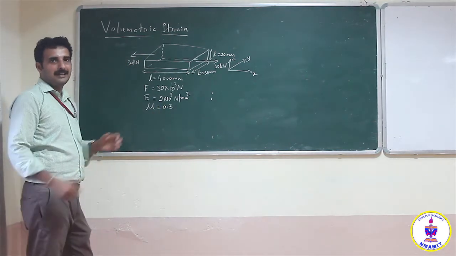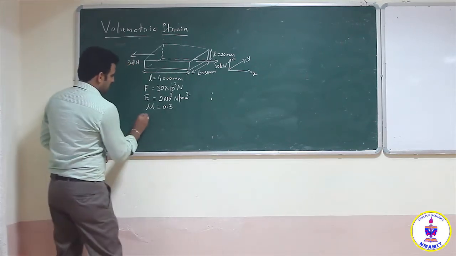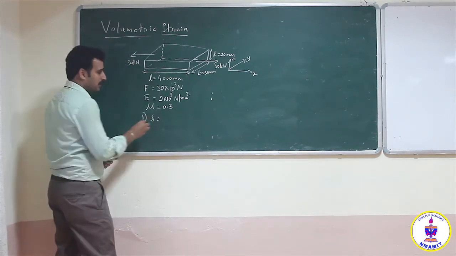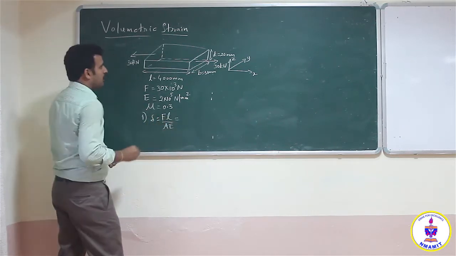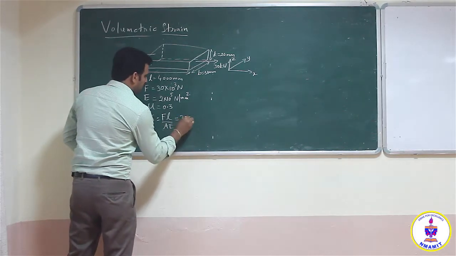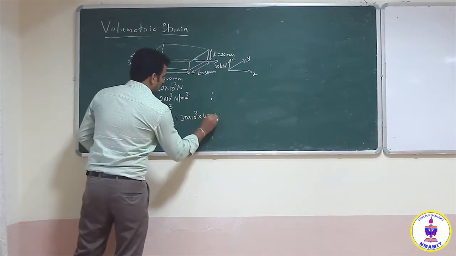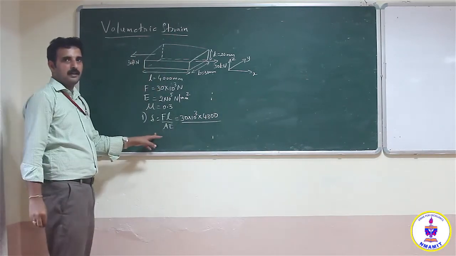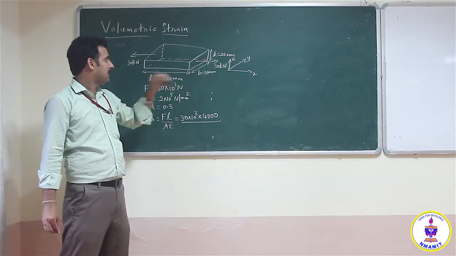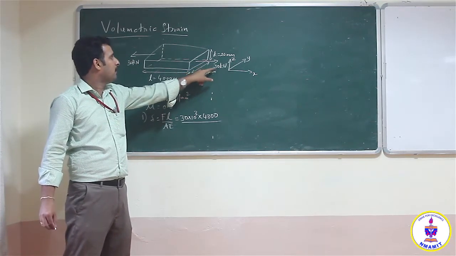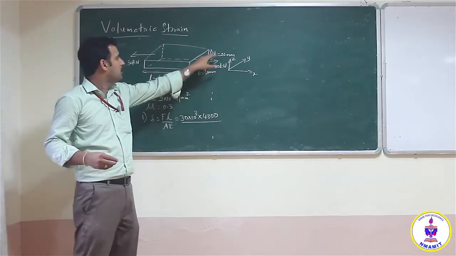First we will calculate the change in length. We know that change in length delta is given by FL by A into E. Force is 30 into 10 power 3, length is 4000, and the area of cross section is the area perpendicular to the force, which is width into depth.